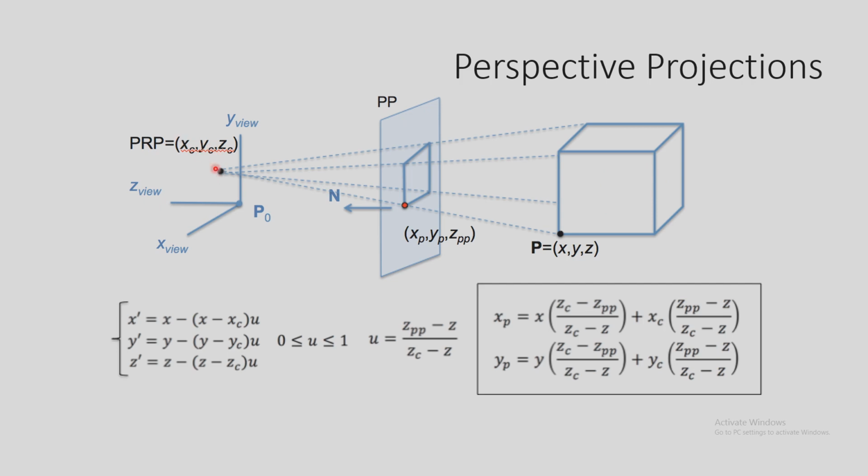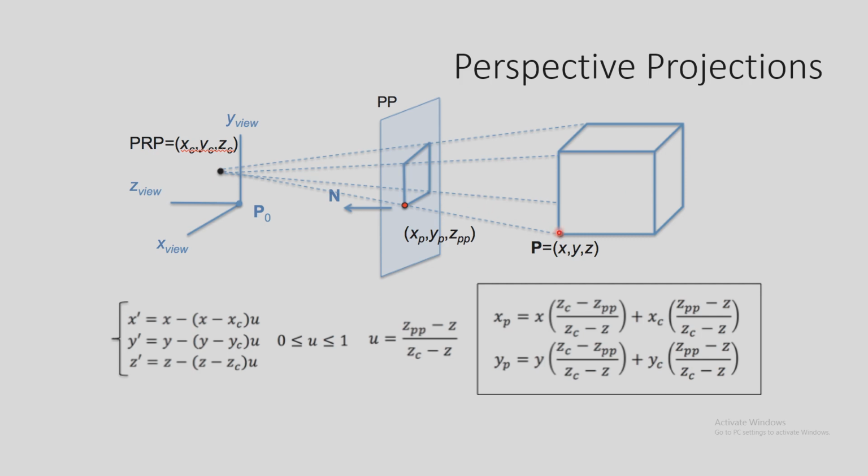Call it XC, YC and ZC. So this is the center of projection or projection reference point. XC, YC, ZC are its coordinates. So this point is known, and this object will be drawn on this view plane point by point. Let us suppose we draw this point first. P, X, Y, Z is the coordinate.